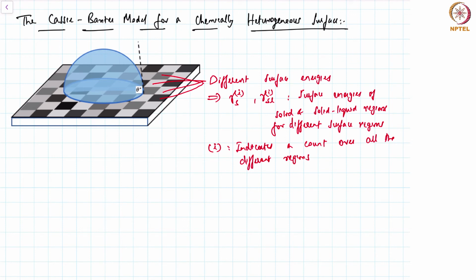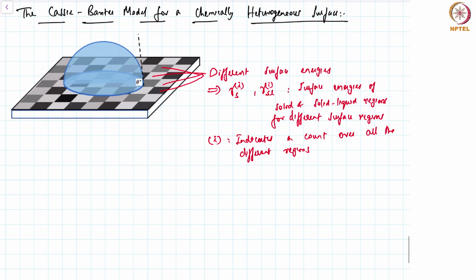I could have the droplet being described by n such regions on the surface, and the idea is that to get the total surface energy, we have to sum over all these regions, taking into account that these different regions have different surface energies.